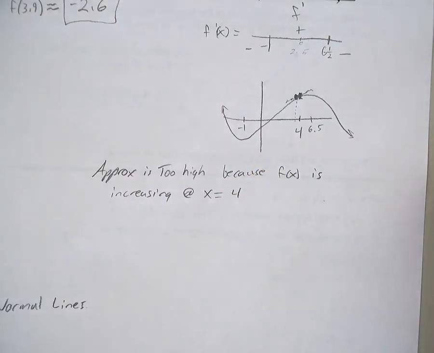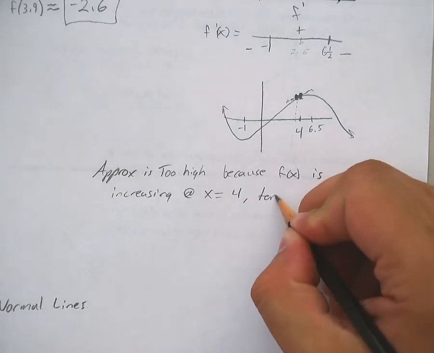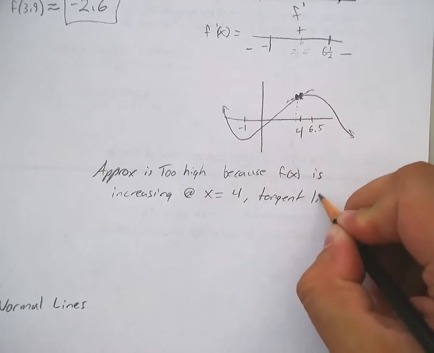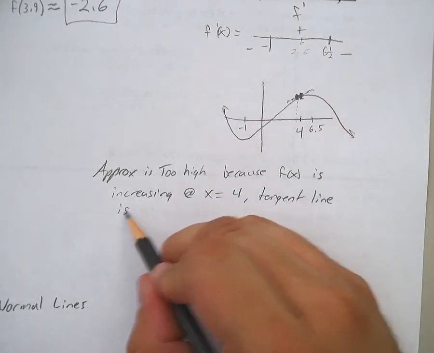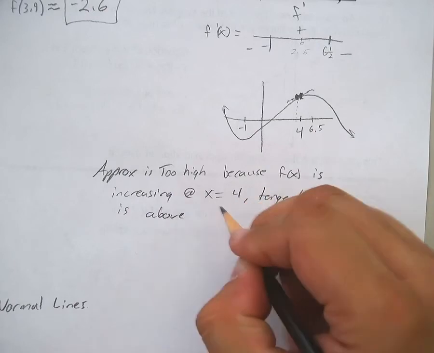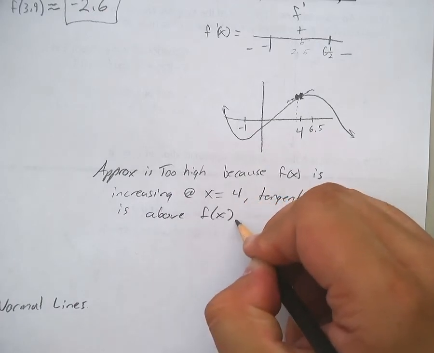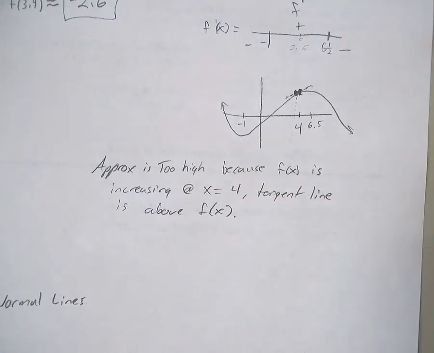It's increasing at 4. In other words, the tangent line is above f of x, right? Okay, so again, what I'm doing here is I'm plugging a point into a line that I associate with the graph. It's very close to it. It's not exact, but it's very close.